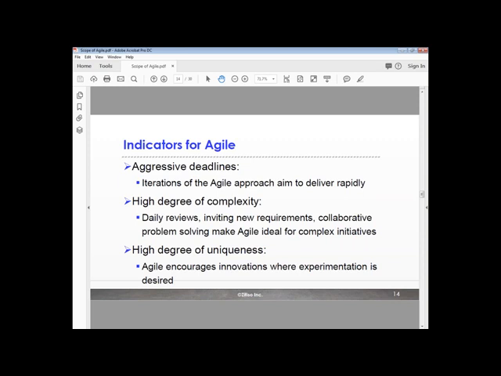Those of you that have been working on projects, working with the different methodologies, you talk about having regular discussions, so daily reviews. Short though, right? You're not spending hours in these meetings. It's like 10, 15 minutes. Let's just check in with each other, make sure everything's good. Definitely inviting new requirements.